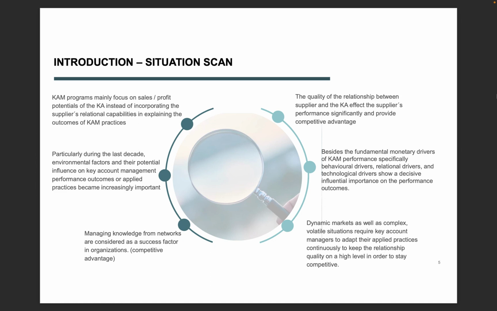And this is the reason why I'm focusing on the resource-based view and consider, as previous researchers already did, the relational capabilities as a resource. And the quality of the relationship between supplier and key account manager affects the supplier's performance significantly and provides competitive advantage. This is recognized by several researchers in diverse journal articles.